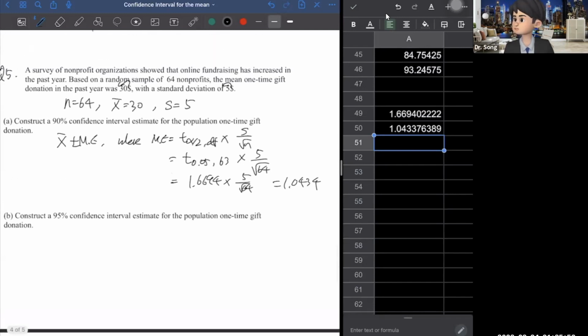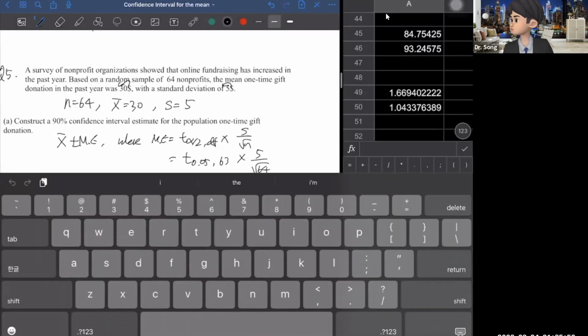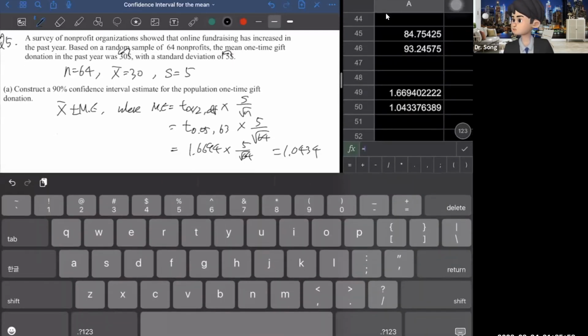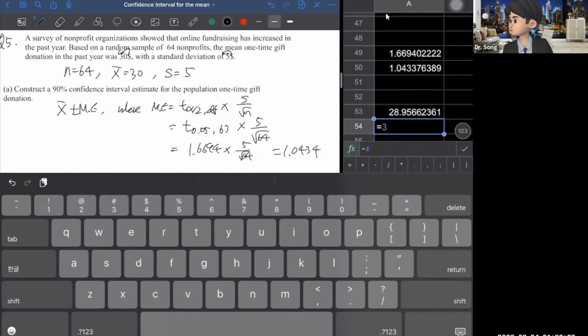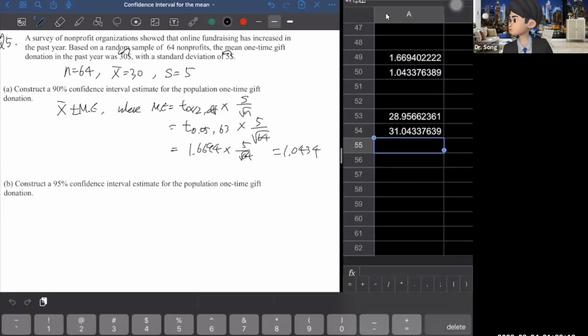Okay? So x bar minus margin of error, that is 30 minus this margin of error, that's the lower bound, and 30 plus the margin of error gives me the upper bound.